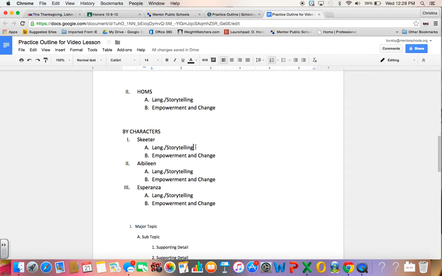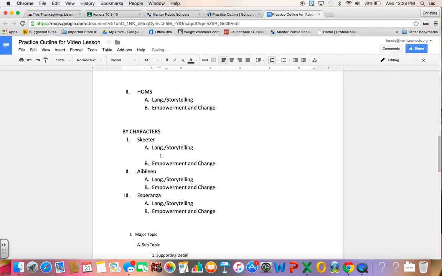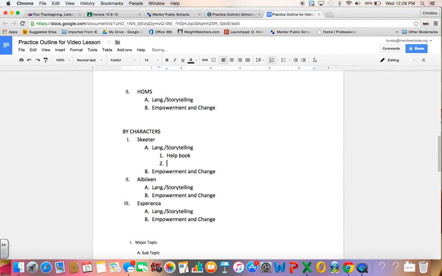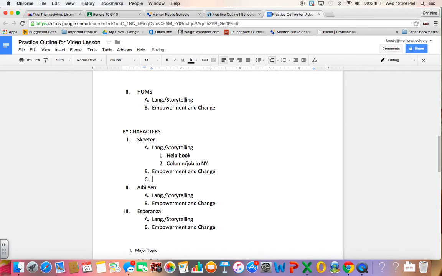So again, we're going to go back up and we're going to put in our supporting details. Again, they need to be specific events that occur in the book. Okay, so language and storytelling for Skeeter. Okay, she has the help book. Okay, she also has her column, and which then leads to her job in New York. Okay, and then that for her also, she helps expose racism for empowerment and change.